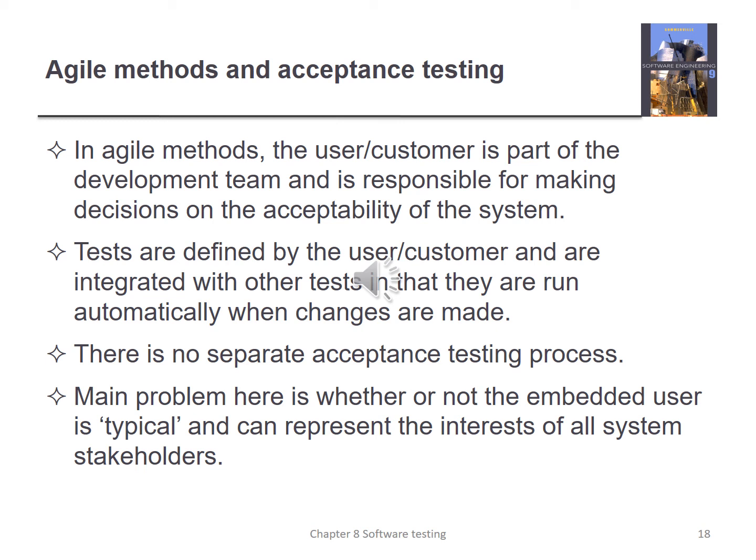The problem, as we said in Agile, is that if we have a customer with us, he developed the system with us, he is there, he accepts all the increments, he gives his okay on them, and when we release the whole system, we find another stakeholder, another customer, rejects it, because the person who was with us while we were developing the system does not really represent the whole team. That is one of the problems, as we mentioned back in chapter 3 in Agile.